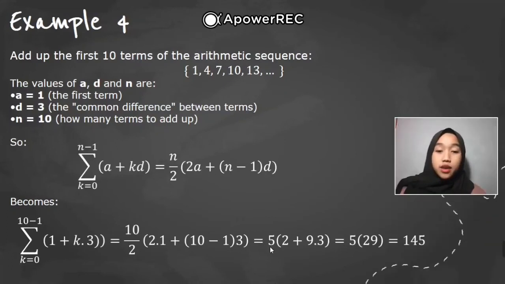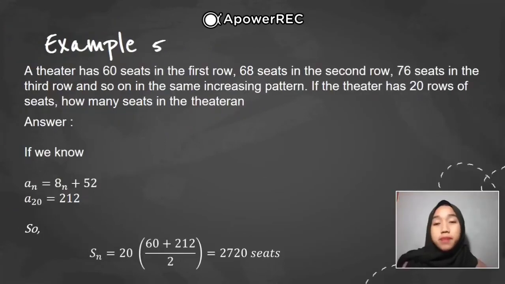And we get 5 times 2 plus 9 times 3, and the answer is 5 times 29. So the sum of the first 10 terms of the arithmetic sequence 1, 4, 7, 10, and 13 is 145.